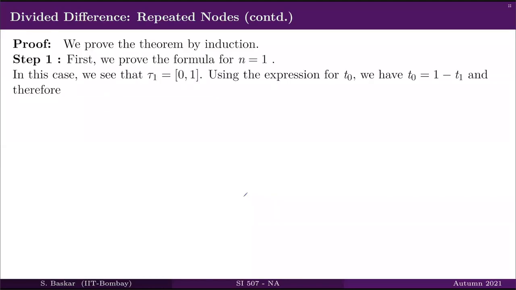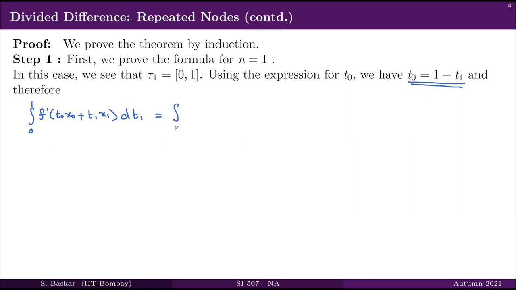And therefore, the right-hand side can be written as the integral from 0 to 1 of f dash of t0 x0 plus t1 x1 dt1. And now we will put t0 equal to 1 minus t1.